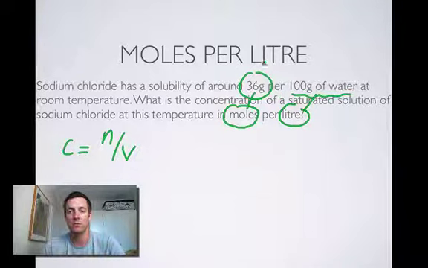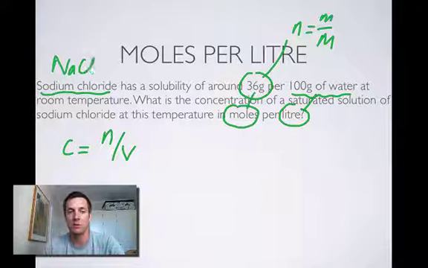I don't have a number of moles, I'm told the mass, but I know that number of moles is the mass over the molar mass. I know the formula is NaCl, so I can calculate the molar mass. For 100 grams of water, it's good to know that 1 milliliter of water weighs 1 gram, so this is 100 milliliters.